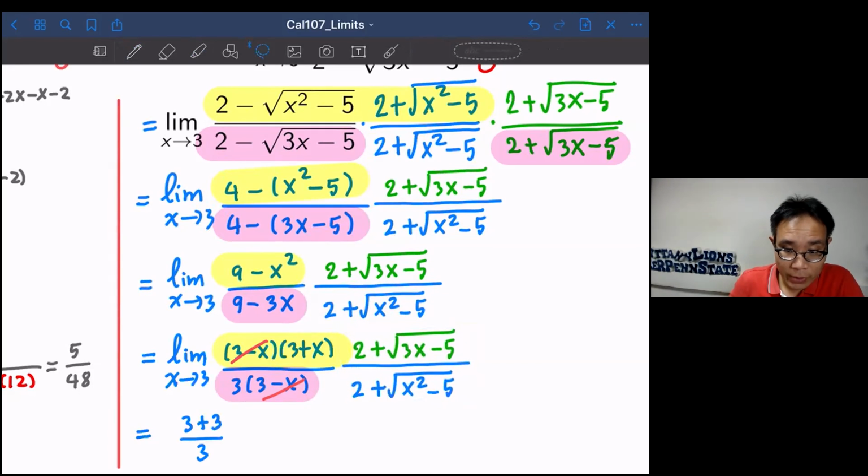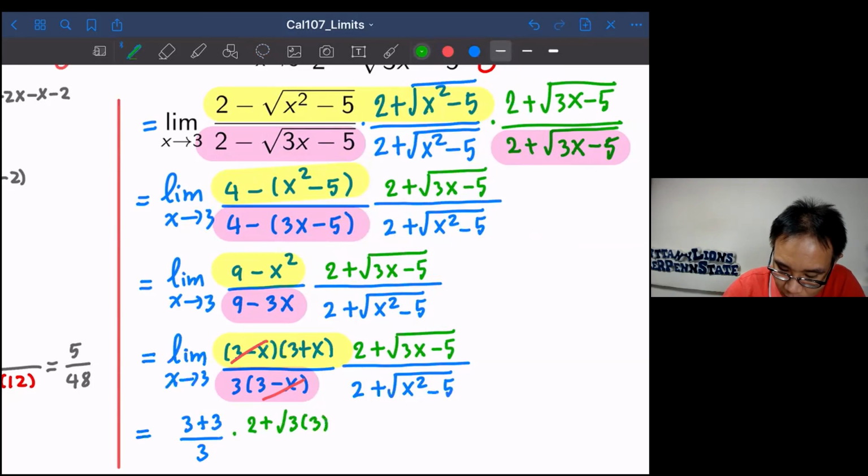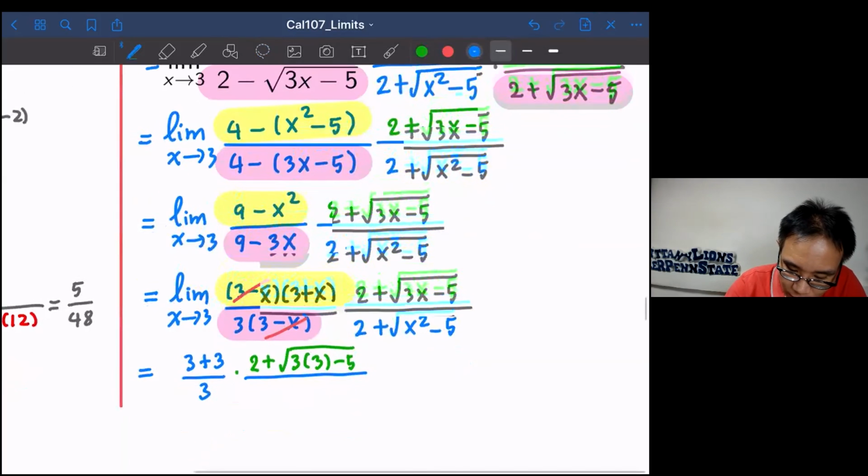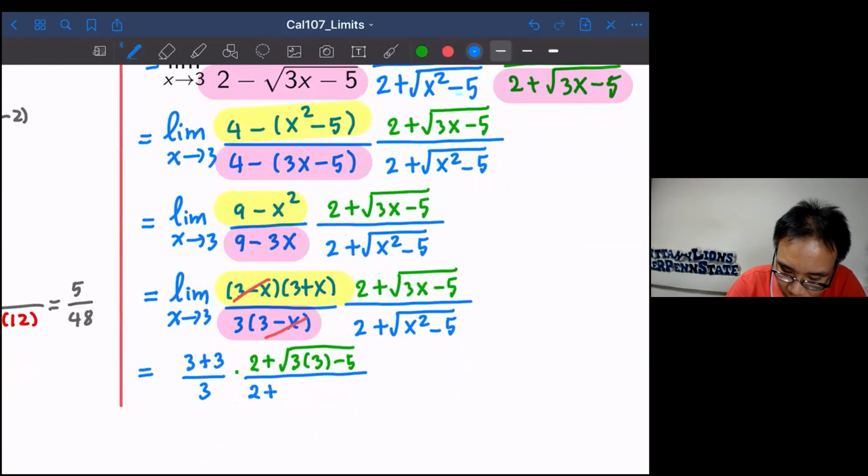Then you're going to have 2 plus square root of 3 times 3 minus 5 over 2 plus square root of 3 squared minus 5.